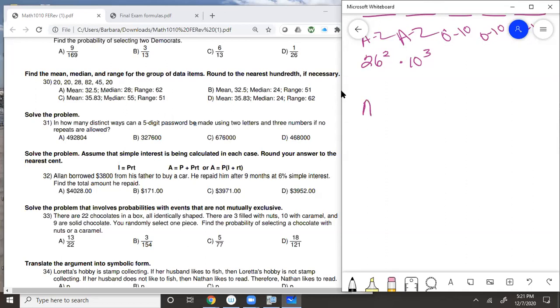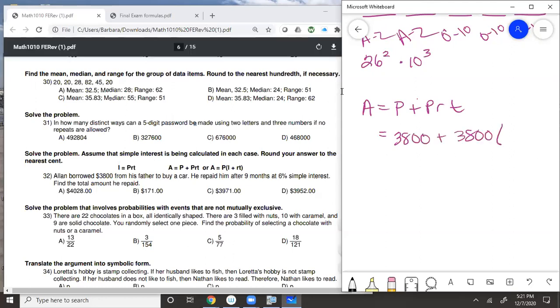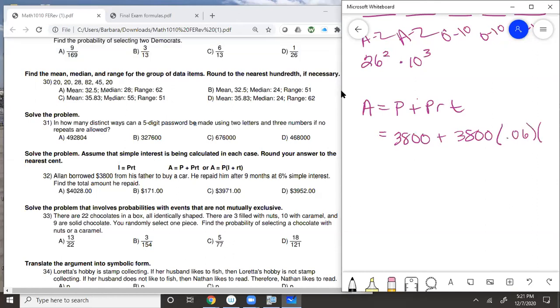So the total amount is A equals P plus PRT. So the principal, he borrowed 3,800, right? At a rate of 0.06. And the time is 9 out of 12, because we're talking about years.